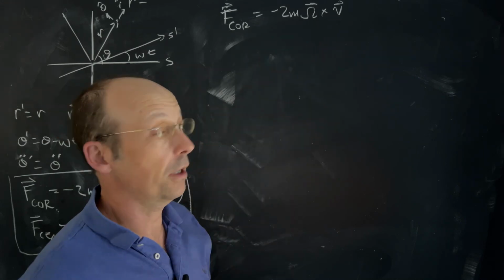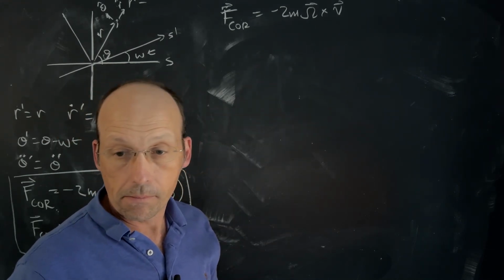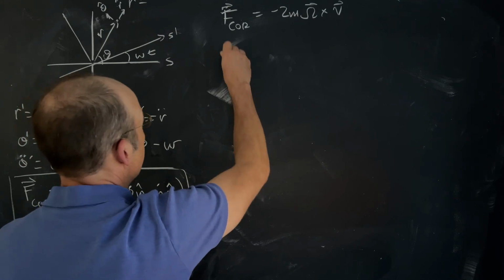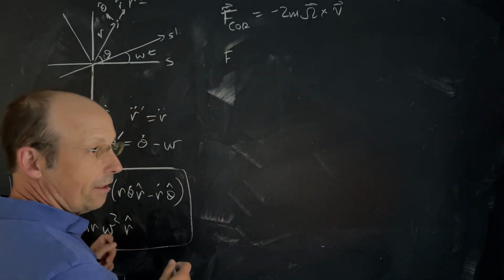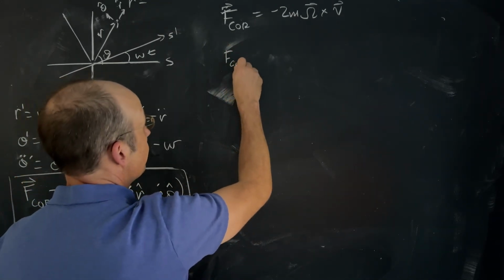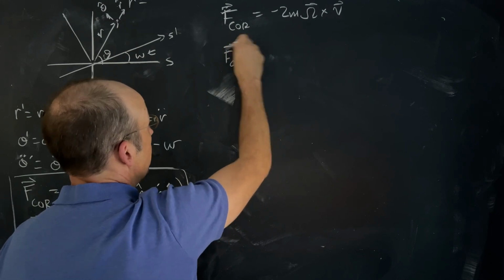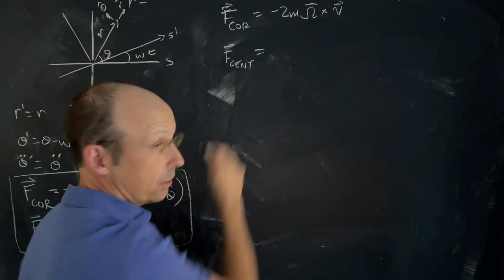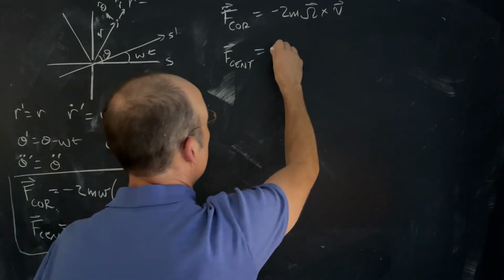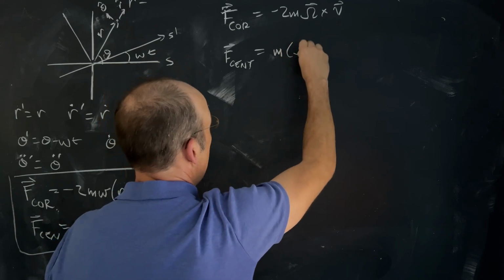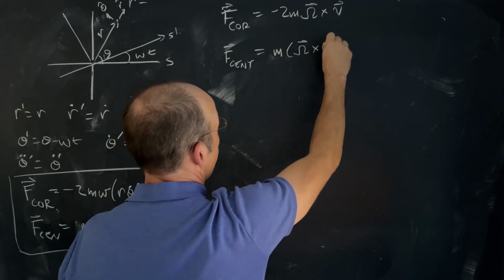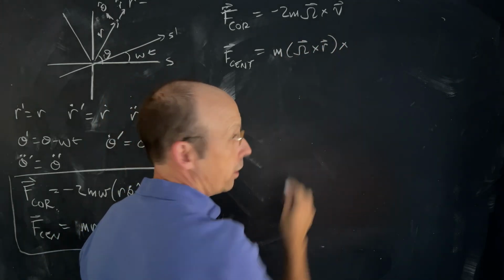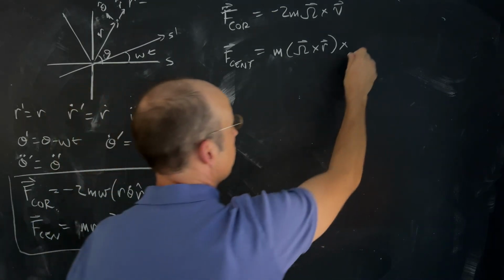Okay, and that's the cross product. And then the centrifugal force looks really bad because it's hard to get this angular velocity squared. But we can do it as an actual vector, and it is, forgetting again, m omega cross r cross omega.